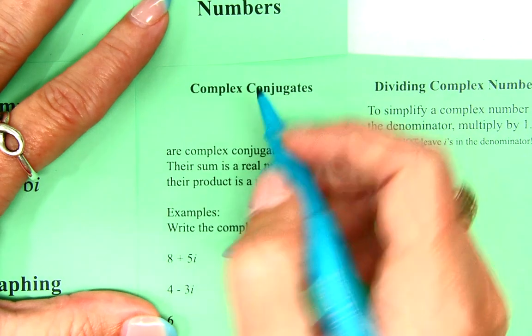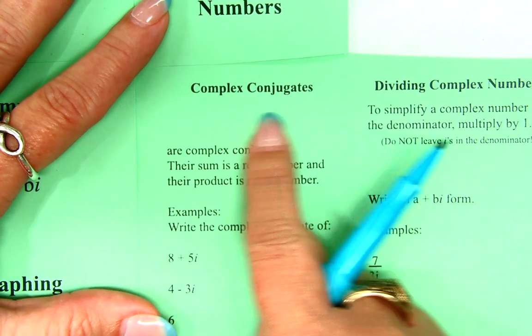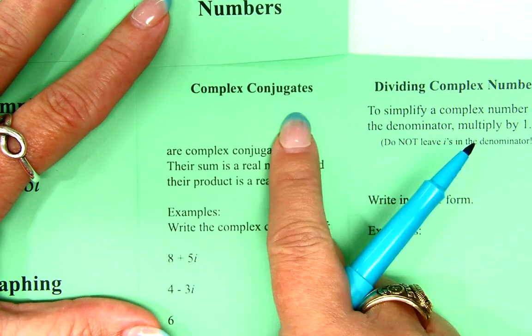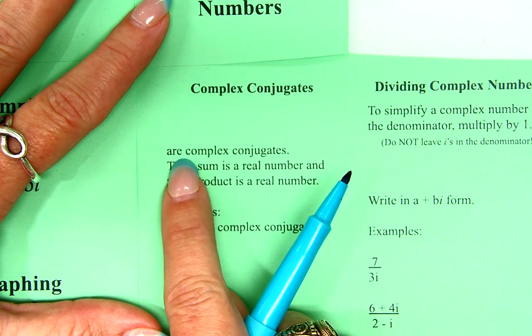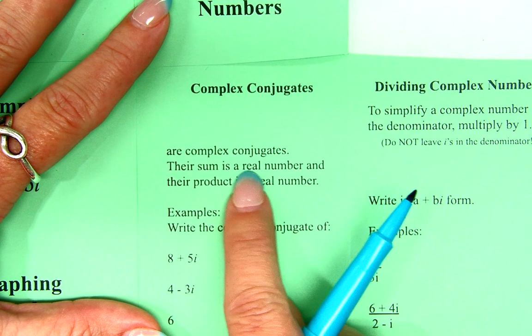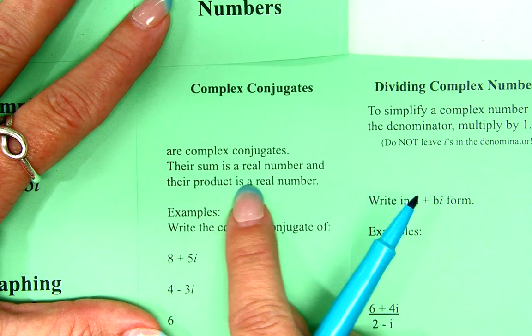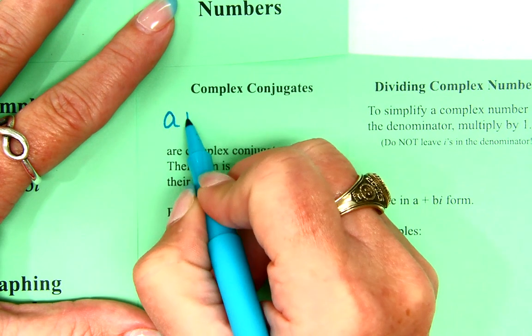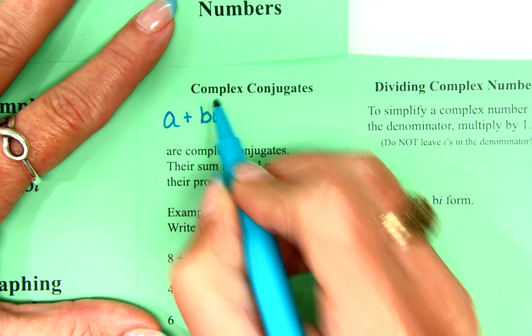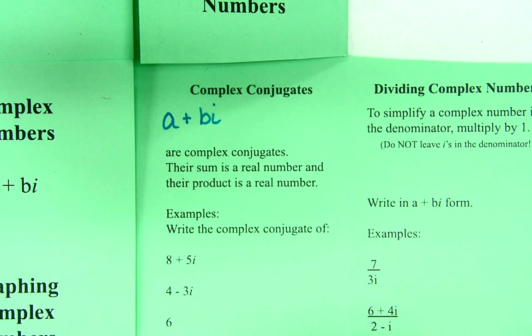So first of all, see how there's this blank right here? This is actually the start of the sentence, and this finishes the sentence. This that we're about to fill in are complex conjugates. Their sum is a real number, and their product is a real number. a plus bi. If that's the complex number I give you, what do you think is its conjugate?